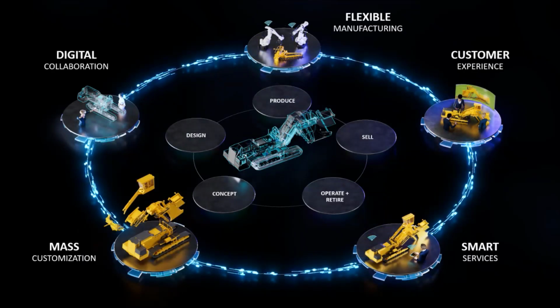For example, mass customization in concept, digital collaboration in design, flexible manufacturing in produce, customer experience in sales, and smart services in operate and retire. All sections connect to each other with the same data. That's our solution.